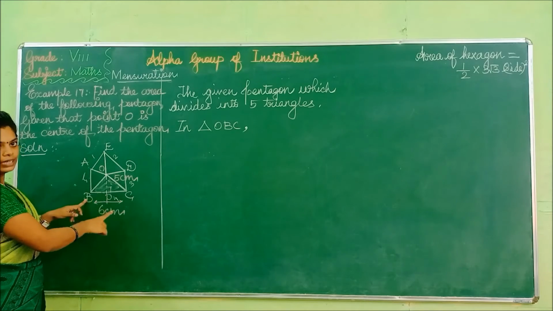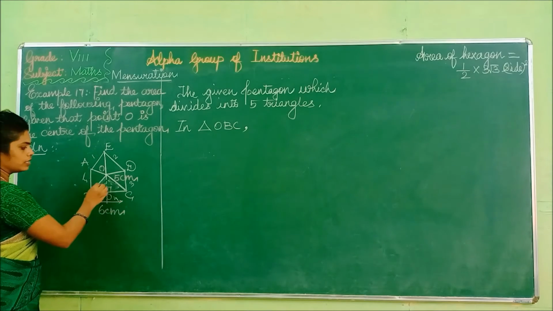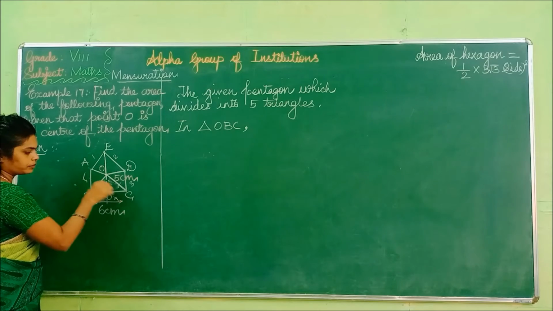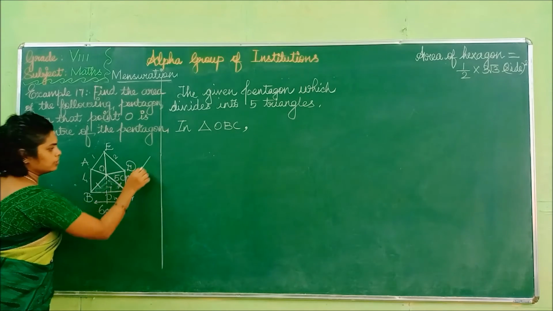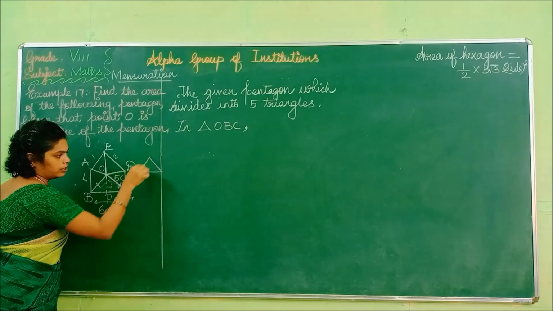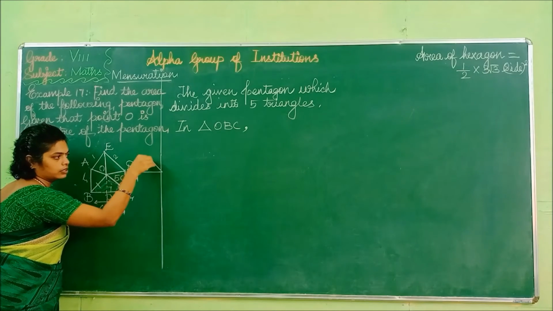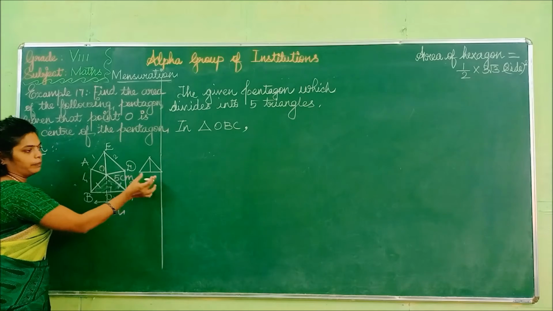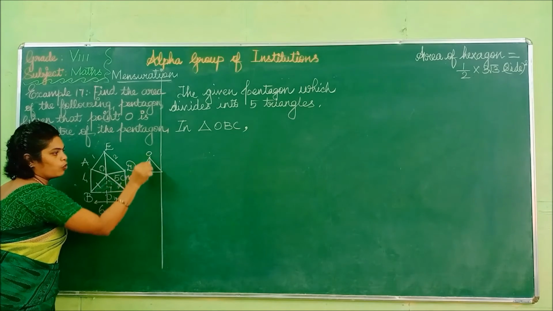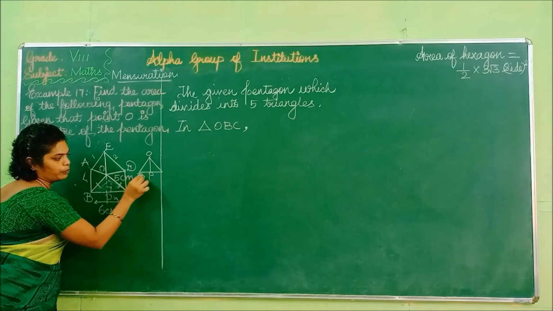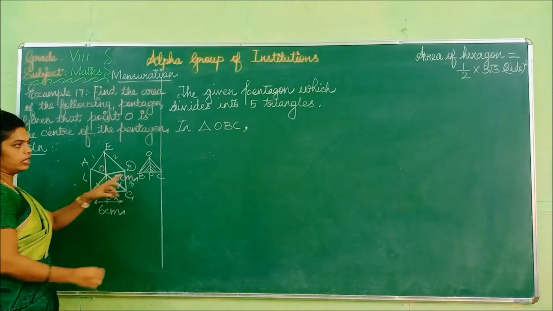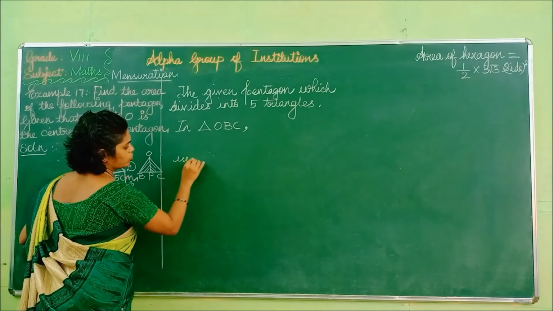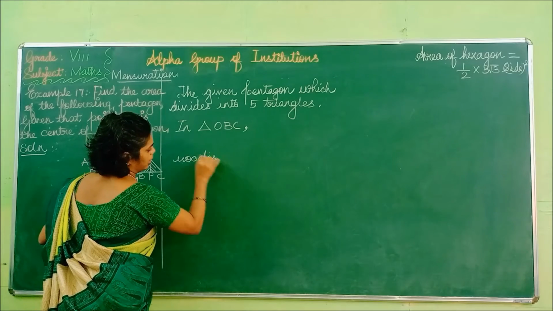Listen, if the triangle is an isosceles triangle, consider this portion. It should be of the same size, so you can call that an isosceles triangle. Consider this as a triangle. One line is perpendicular to that base, that is OP, which is perpendicular to BC. It is cut into equal portions.